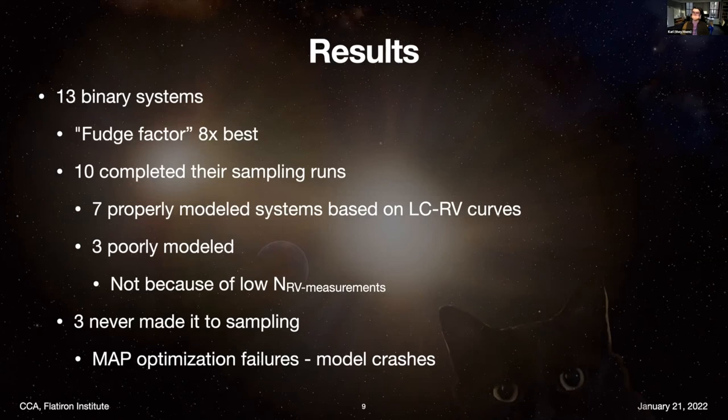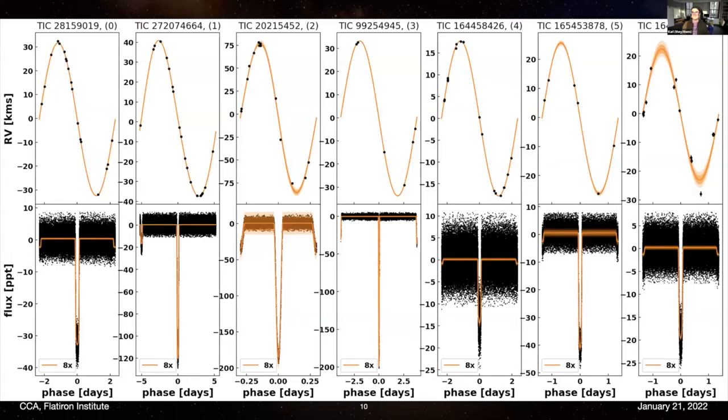Some of them have over 15. It's just an issue with how the Gaussian process is handling different phase curves. 3 of them never made it because the optimization failed and the model crashed, which is something we need to look at in the future. Here are the 7 systems that had good fits.